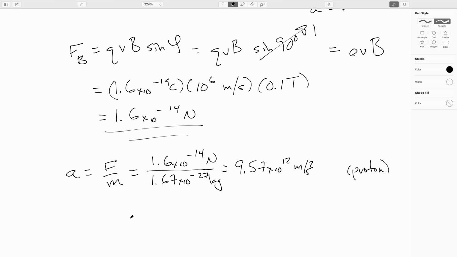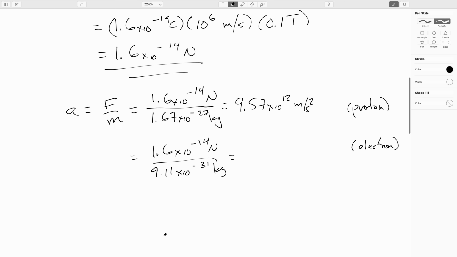Okay, now let's do this for the electron. In the case of the electron, the mass of an electron is 9.11 times 10 to the negative 31 kilograms. There is a nifty little mnemonic to remember it.